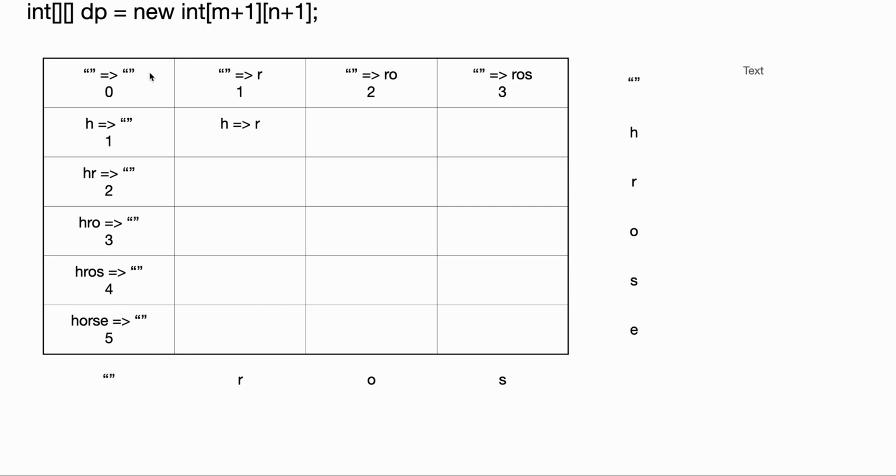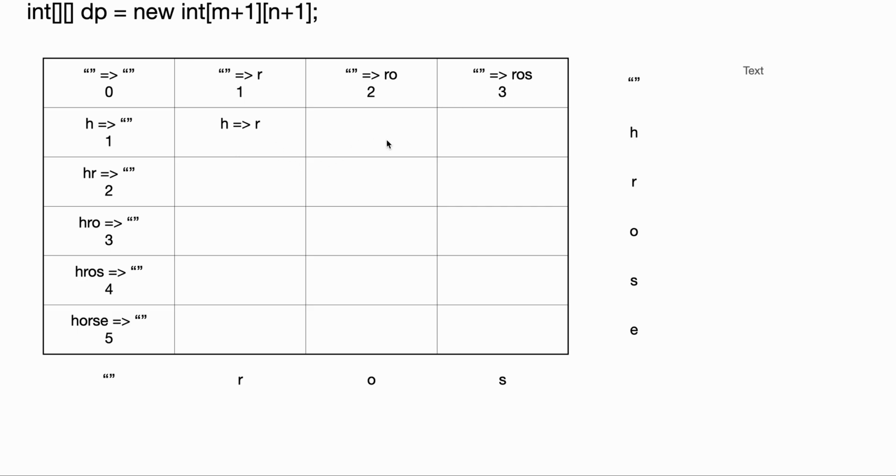We set up our base cases. These are initialized like this because converting a non-empty word into an empty substring requires this number of deletions, and these are initialized like this because converting an empty substring into a non-empty string requires this number of insertions.